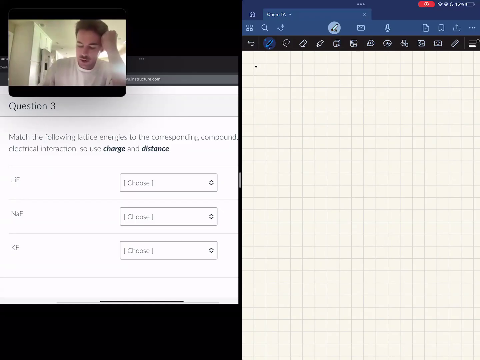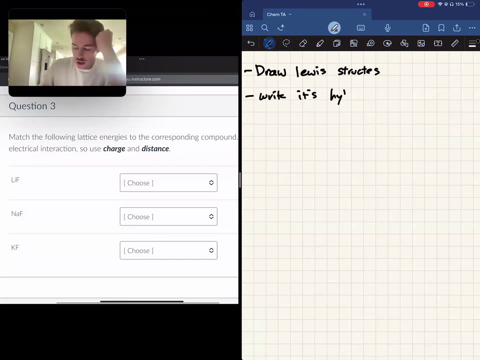First, here's your problem. Draw Lewis structures. I'm going to give you a few compounds. This is what I want you to do. Draw Lewis structures. Tell me its hybridization, the central atom's hybridization, and molecular shape.